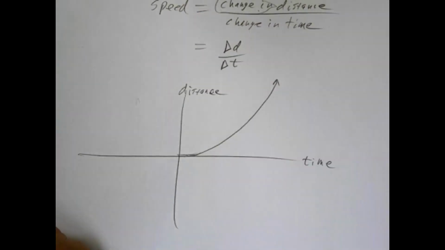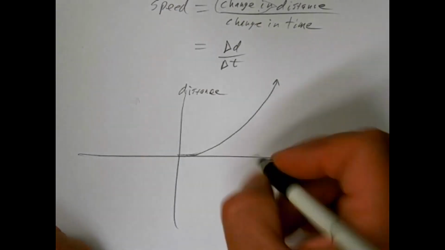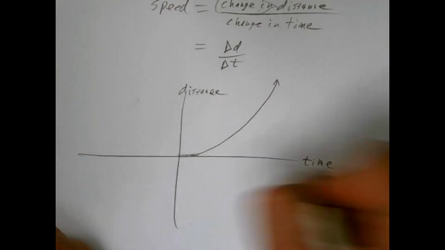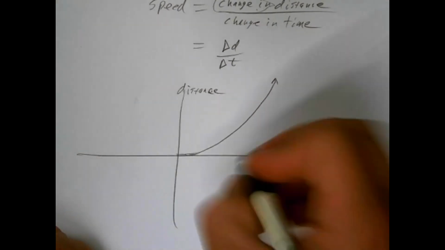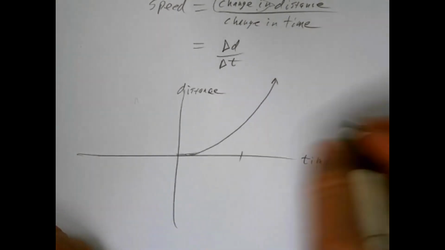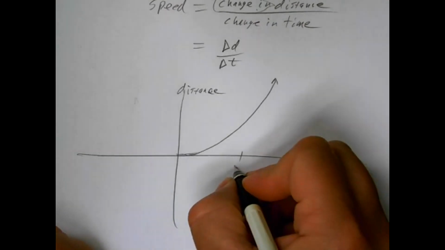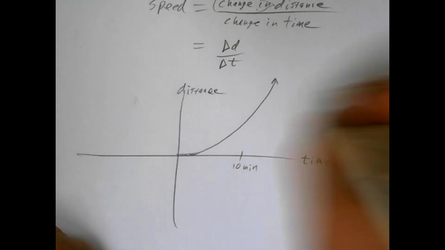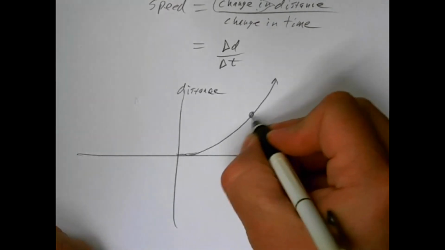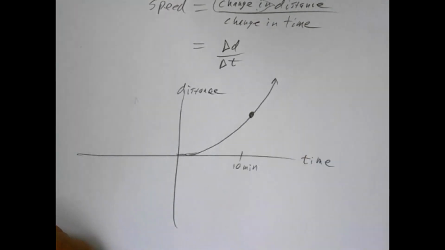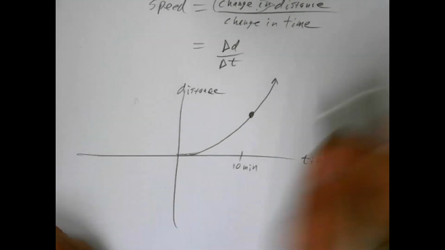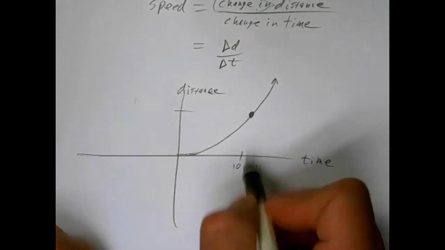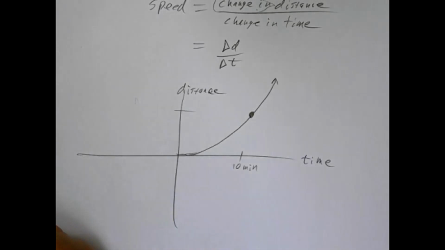All right. So if I was saying, okay, what approximately is your speed at time 10 minutes? Well, you could come up here and find a point on that curve, but all that point would tell you is what distance you've traveled in 10 minutes.